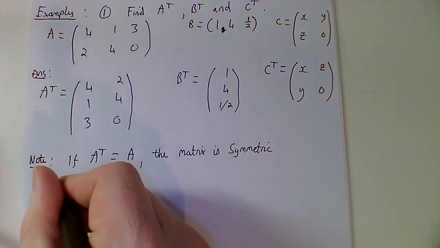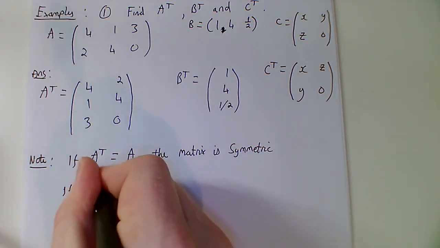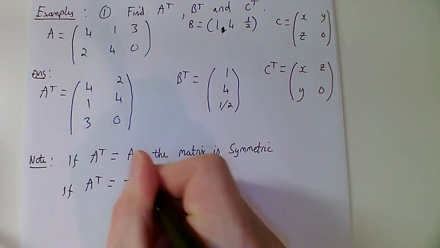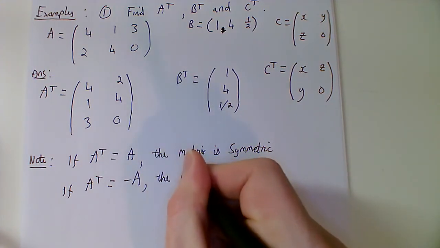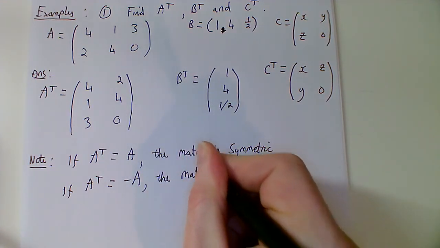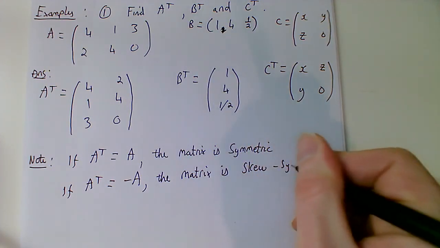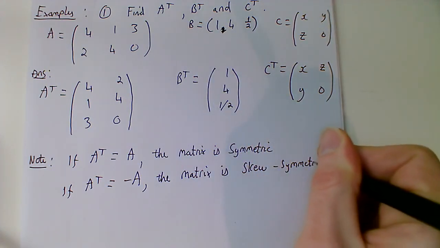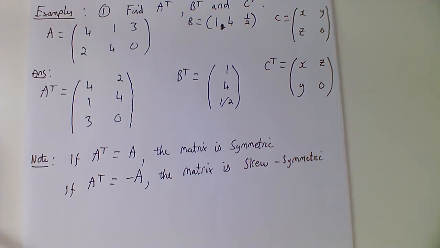And if the transpose is the same as the negative of the original matrix, the matrix is skew symmetric. And I'm just going to put A and B.